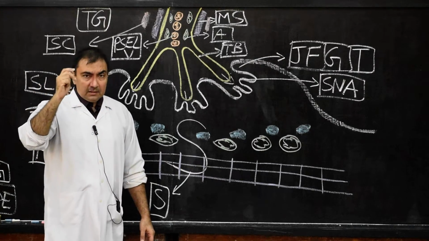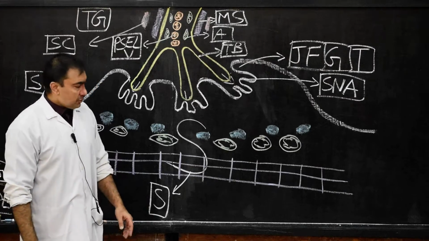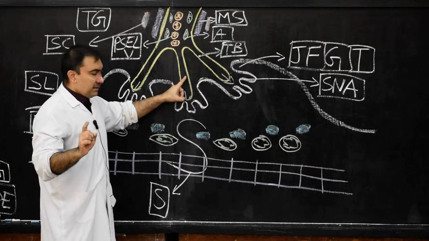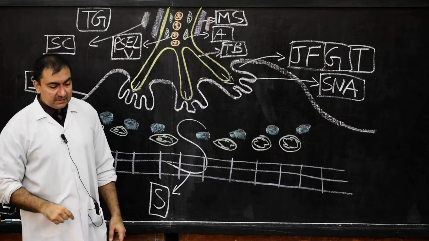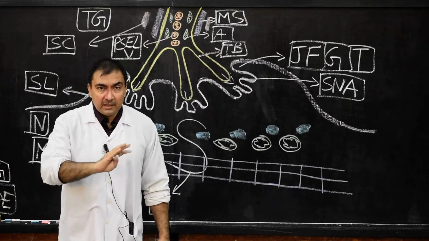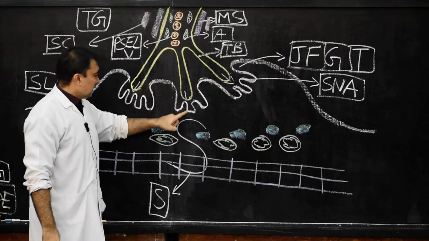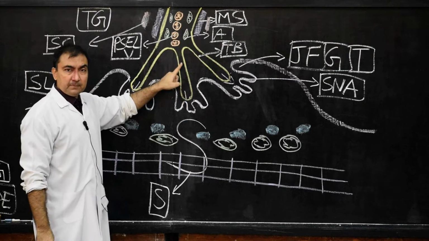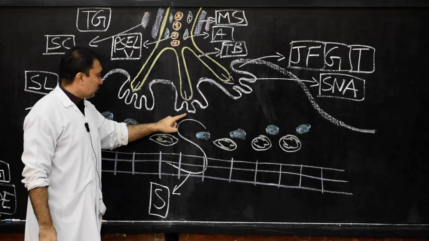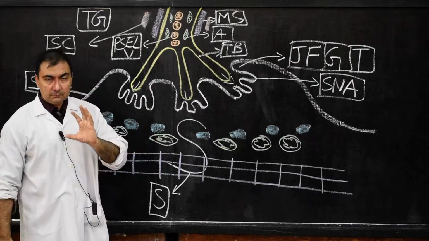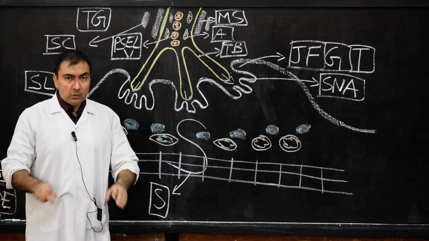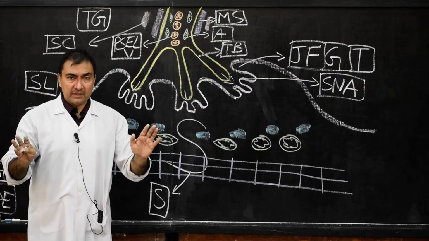Now here, several important points you need to note down. Sometimes this is asked in a one-mark question: there will not be any continuation between axoplasm and sarcoplasm, the axoplasm of the axon and the sarcoplasm of the muscle fiber. No continuity between axoplasm and sarcoplasm.